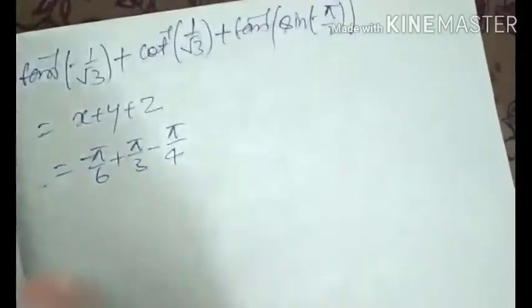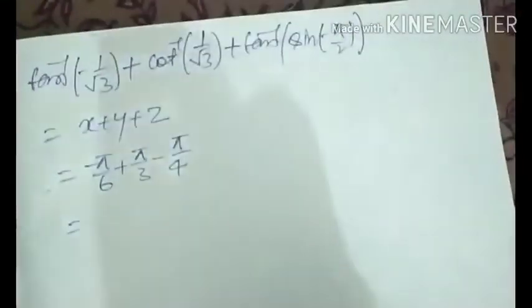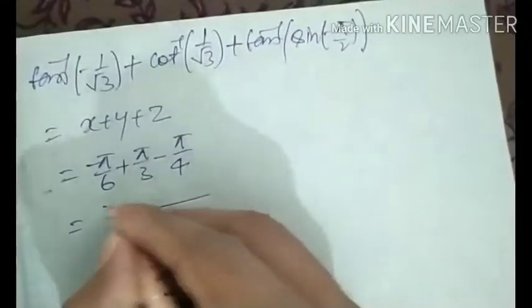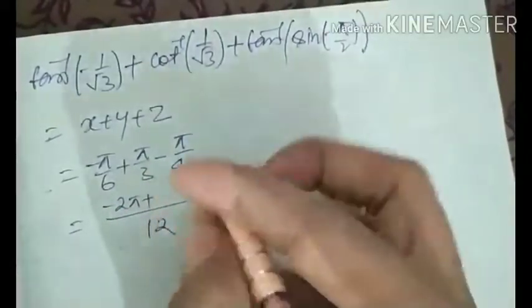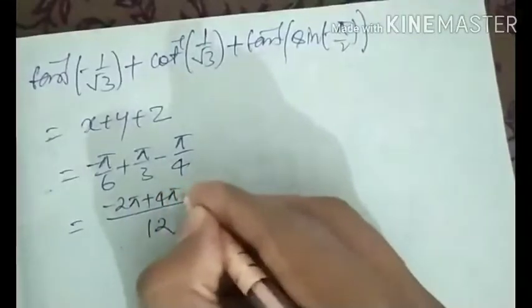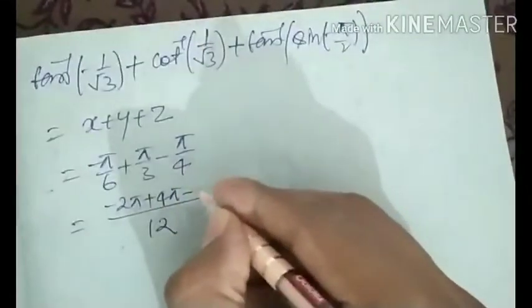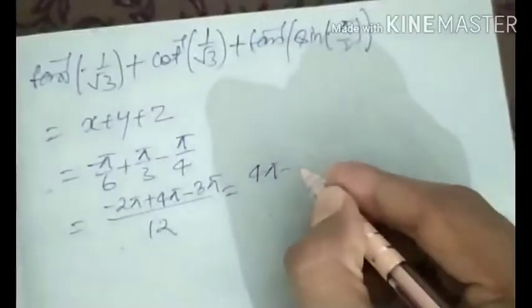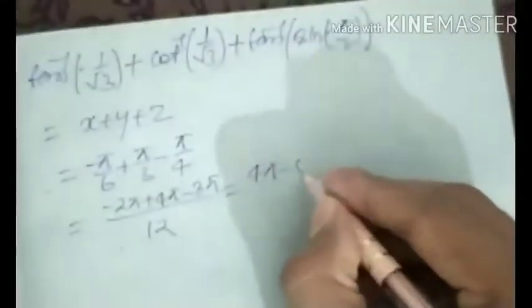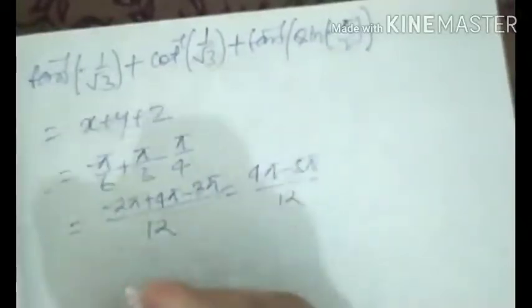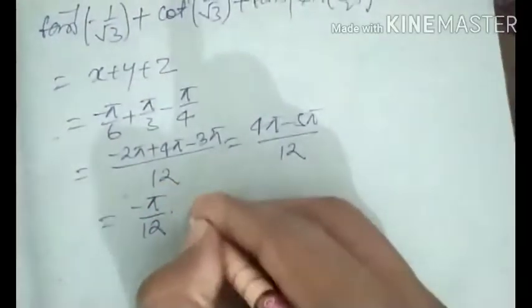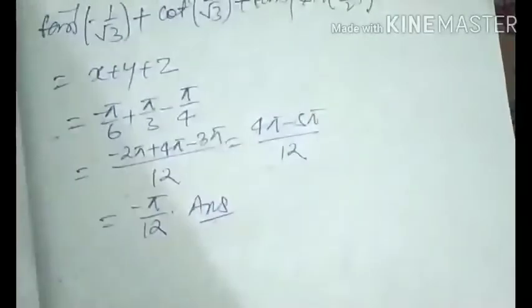The LCM will be 12. Here it will be minus 2 pi, here 4 pi, and here 3 pi, which is equal to (4 pi minus 5 pi) by 12, which equals minus pi by 12. This is our final answer.